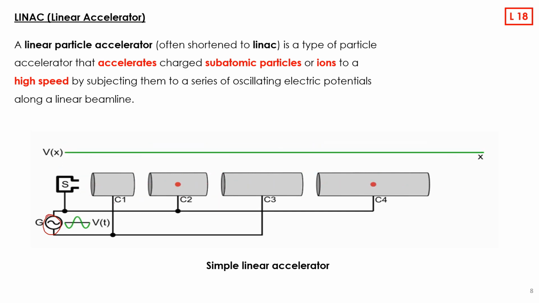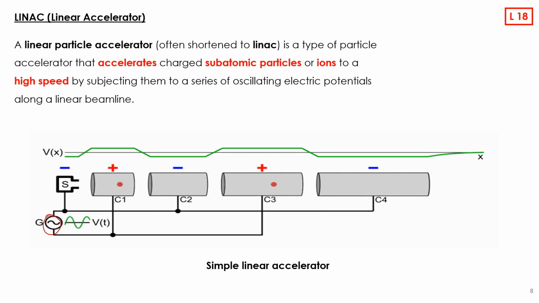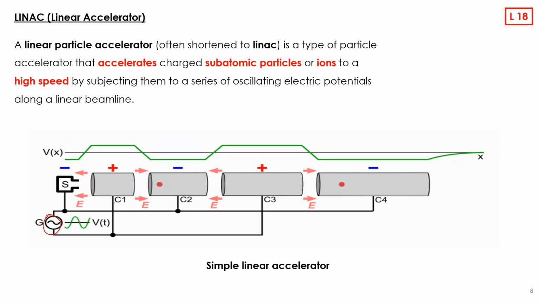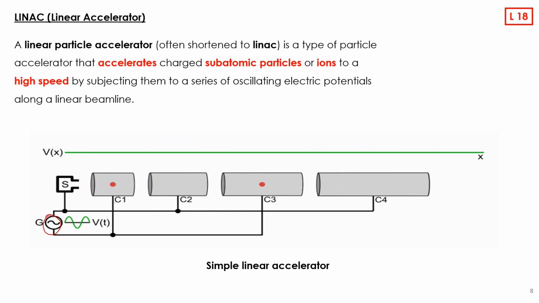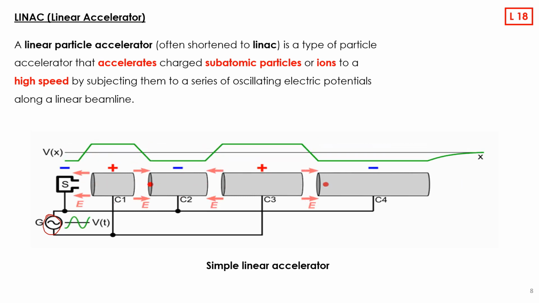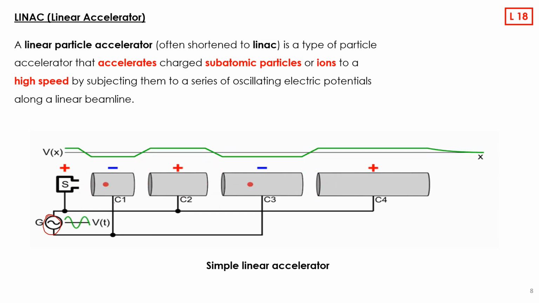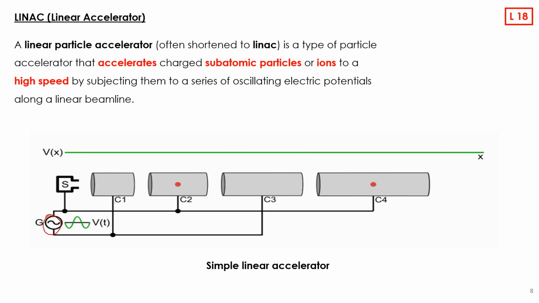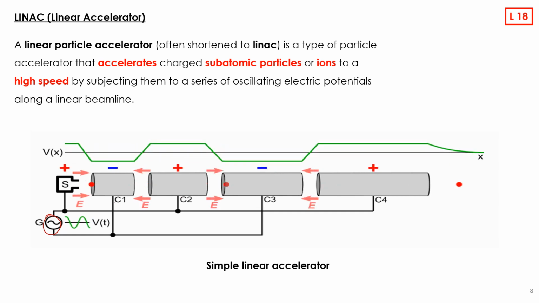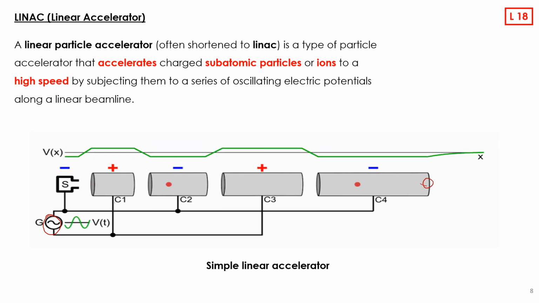This is done to accelerate the charged particle, which happens to be a proton here. This proton will be attracted to a negative, then another negative, then another negative. This is done continuously until at the end of the chamber, the proton will have enough velocity.